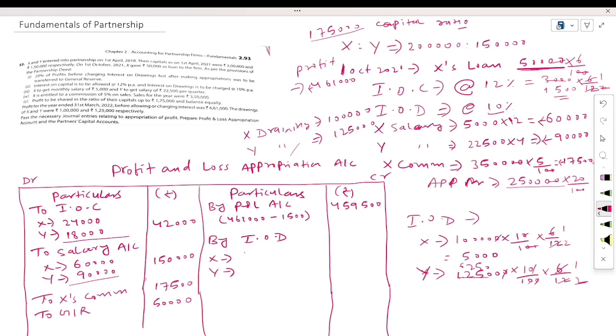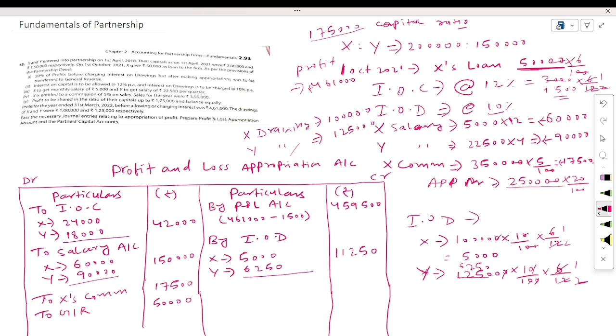That is 6,250. So here the X amount will be 5,000 and the Y amount will be 6,250. So the total interest on drawing will be 11,250.